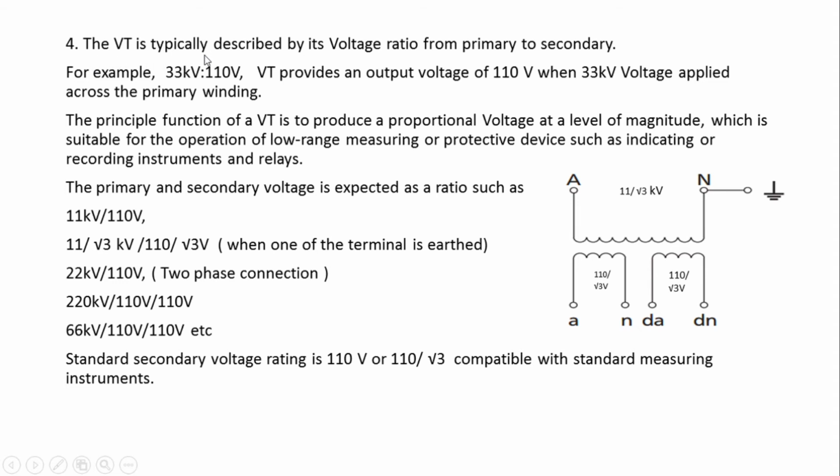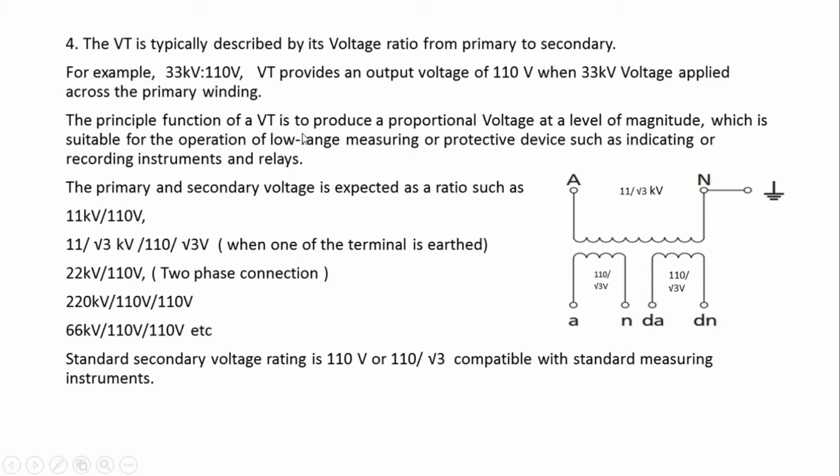Description of VT. The VT is typically described by its voltage ratio from primary to secondary. For example, the ratio of a VT is 33 kV to 110 V. Then the VT provides an output voltage of 110 volts when 33 kV voltage is applied across the primary winding.